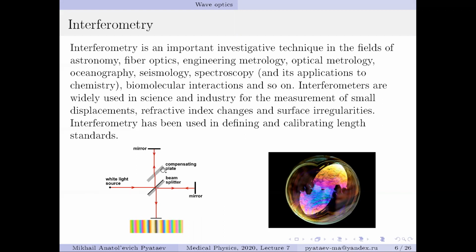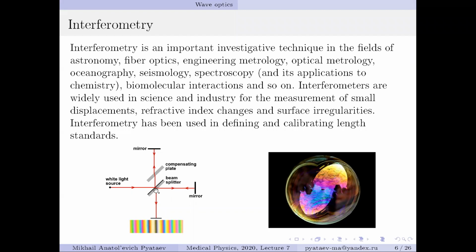If we change one distance in this scheme a little, for example, the distance between this beam splitter and mirror, then the interference picture changes strongly, and it allows us to control distances with very high precision. And at the moment the definition of the measurement of 1 meter is based on interference.